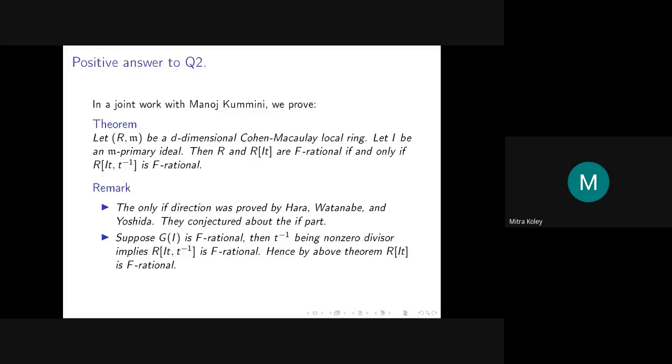But for higher dimensions, there is no result, at least I do not know. There are only positive results for tangent to Rees. Are there any other questions from the audience?